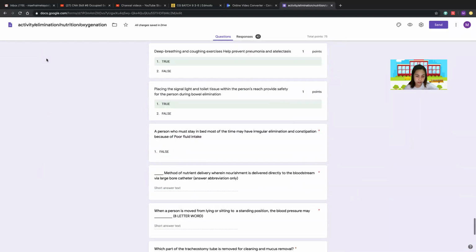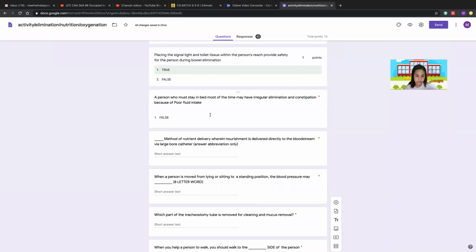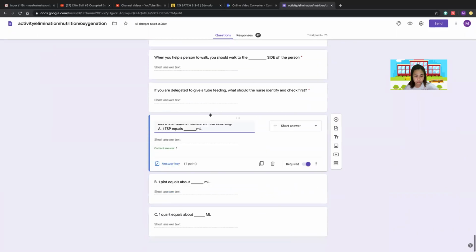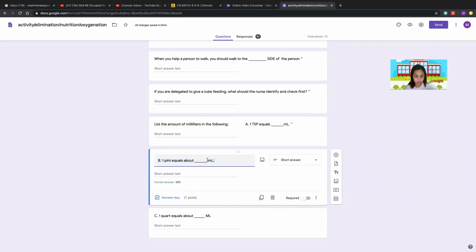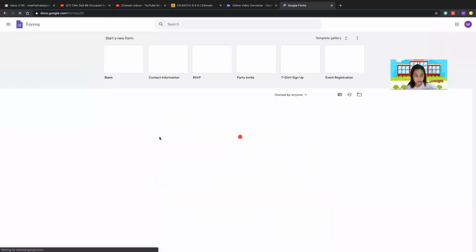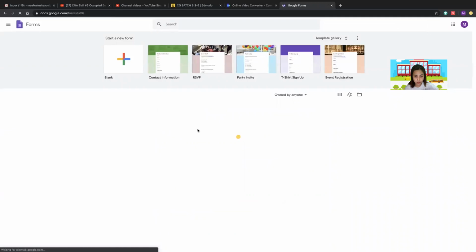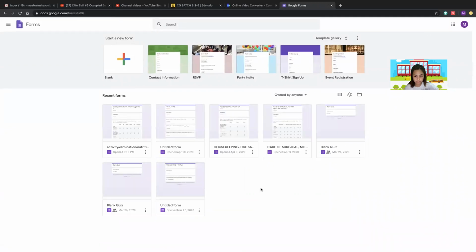If it will be a single word, it will be a single word. Like here you already have the ml, why do you need to put another ml again, so it will be incorrect. So let us always follow directions. It's very important.